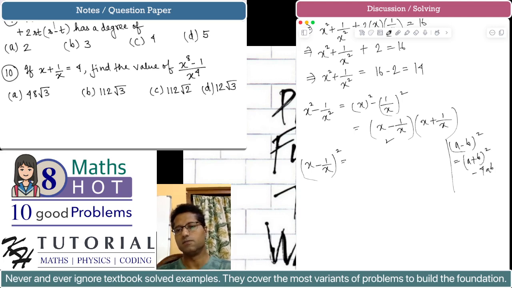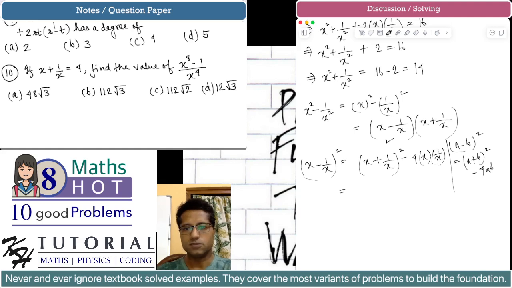This you must always remember, so that you can express a minus b in terms of a plus b and ab, and vice versa. So x minus 1 by x whole square is equal to x plus 1 by x whole square minus 4 times x into 1 by x.